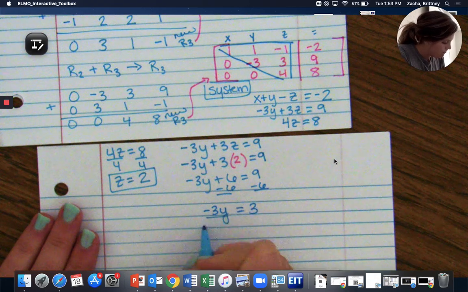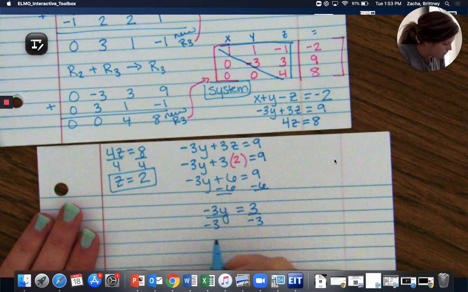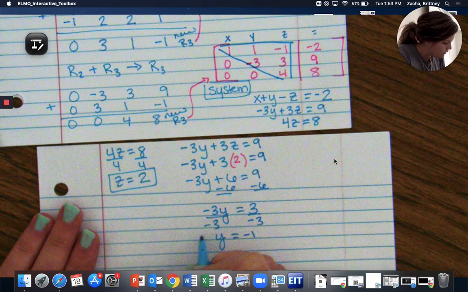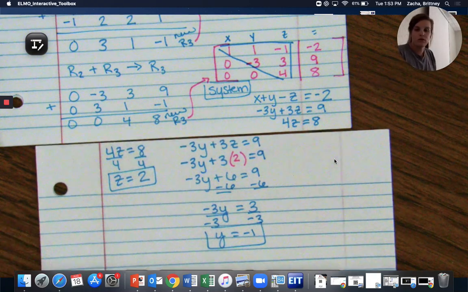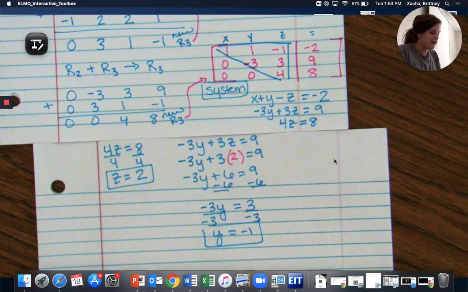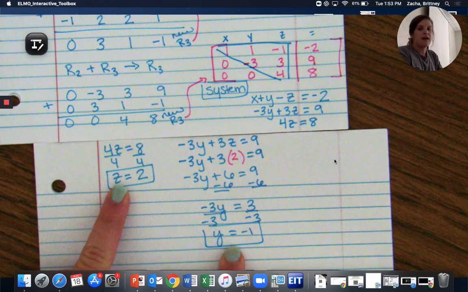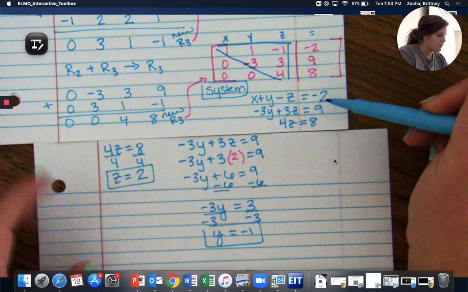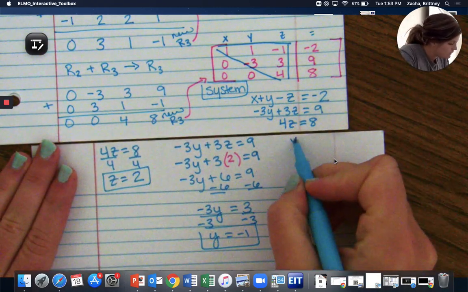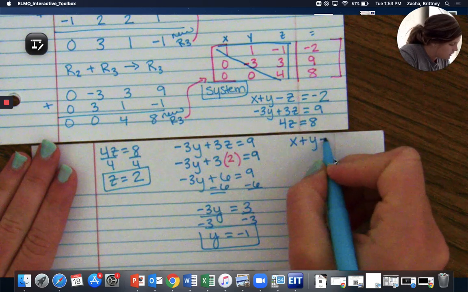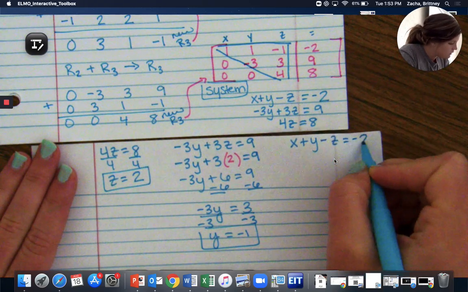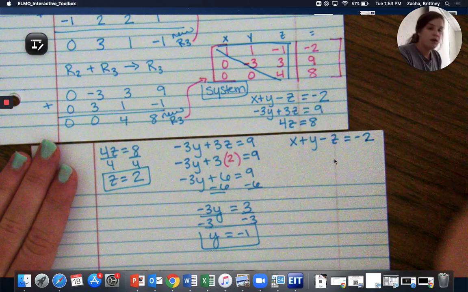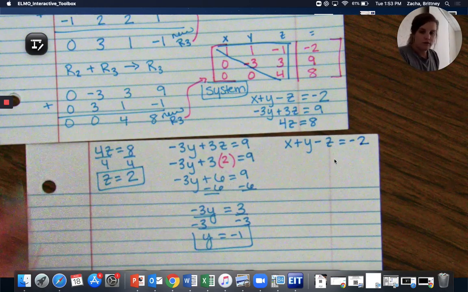Okay, so y equals negative 1. Cool? Okay, so now you have your y and your z. Now we go up the ladder and we plug those in to x plus y minus z equals negative 2 in order to solve for x.